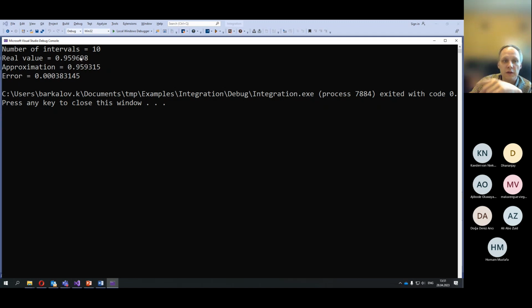As you see, the difference is at the fourth sign after the decimal point. That's why the error, the difference between real value and approximation, will be approximately 3 times 10 power minus 4. Let's remember it.